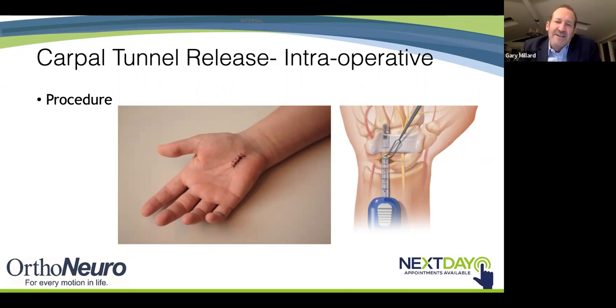And the incision heals a little better and quicker on the wrist where I do the surgery than in the palm of the hand. But again, that is a surgeon's preference. And when we look back, either way, you are completing the same goal, and that is releasing the transverse carpal ligament that puts pressure on the nerve.